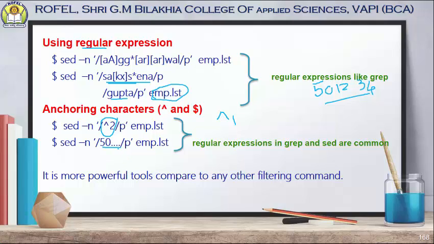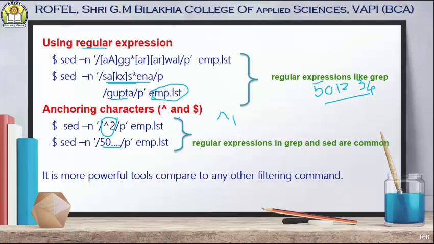Over here I can use dot. Dot is also used as a regular expression in sed. So same way, these anchoring characters and regular expressions are a very important and powerful tool used in grep and sed. The regular expressions I already told which are used in grep, all are common in sed.